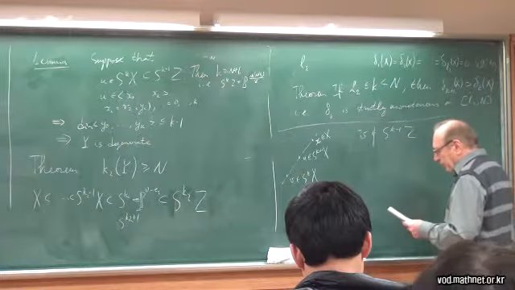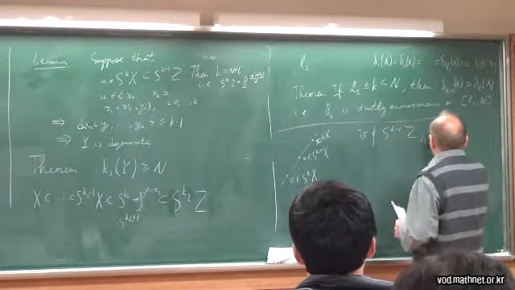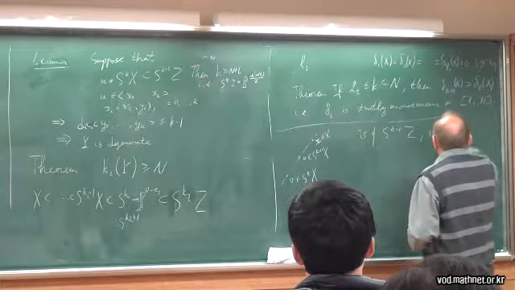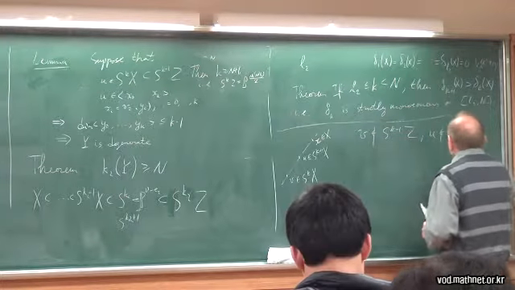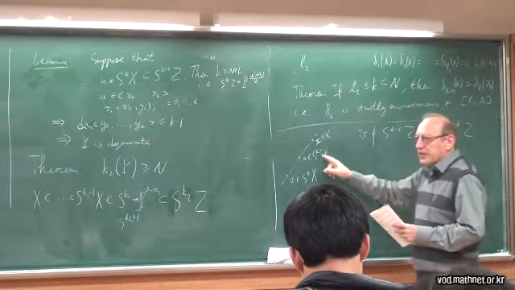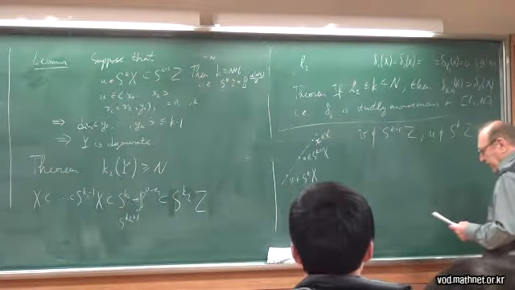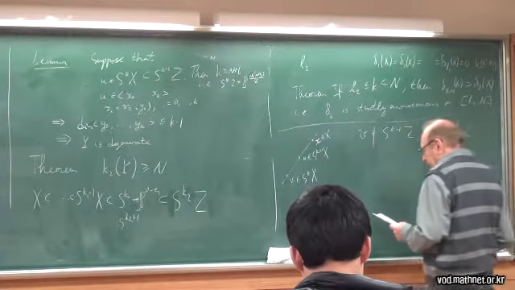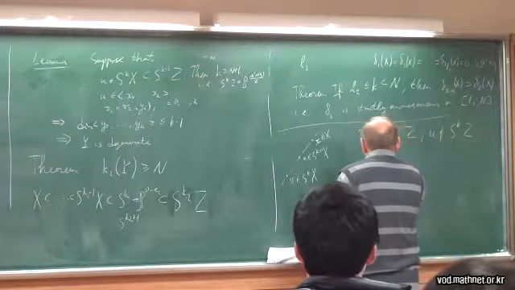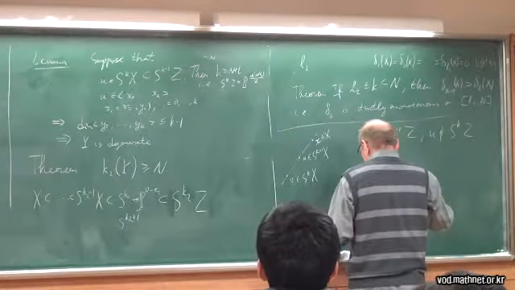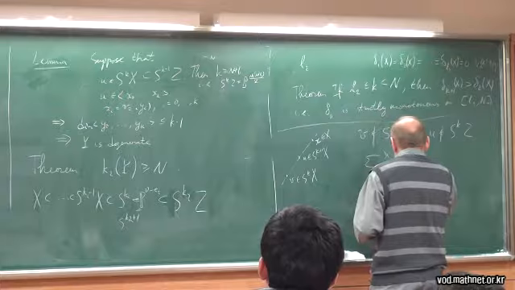And similarly, U is not contained in Sk, because it's from the K plus first second variety. And we have, in the obvious notation, these inclusions, similar to the ones I already wrote.